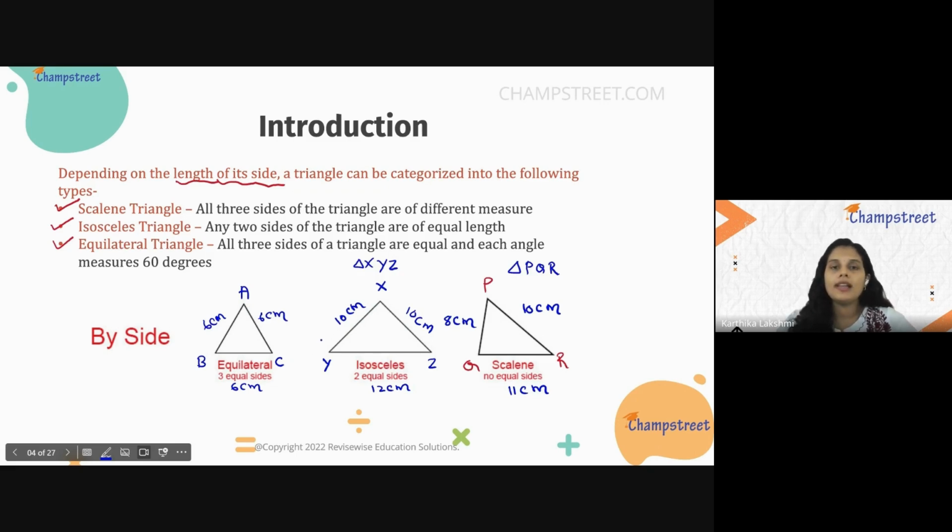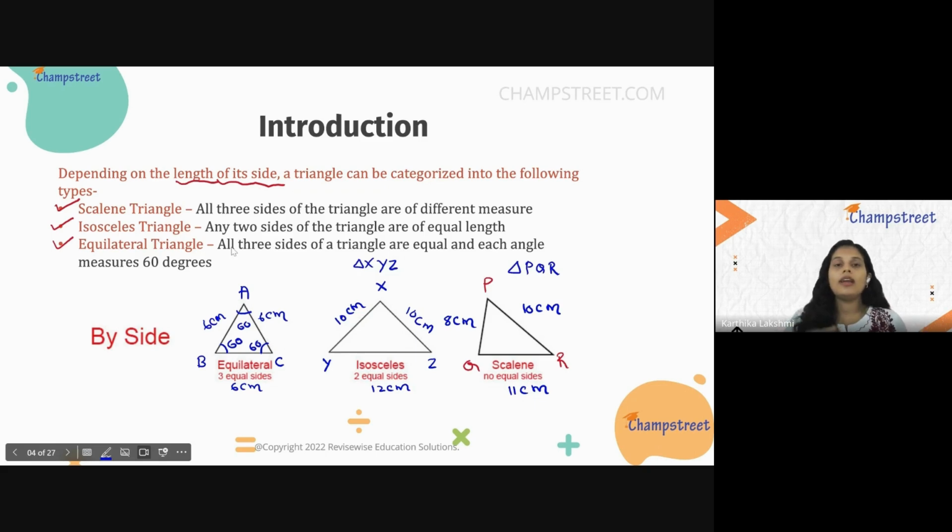The second property is, if a triangle is equilateral, then each angle must be 60 degree in measure. That is compulsory. If a triangle is an equilateral triangle, then each angle will be 60 degree only. Okay. So that's called equilateral triangle.